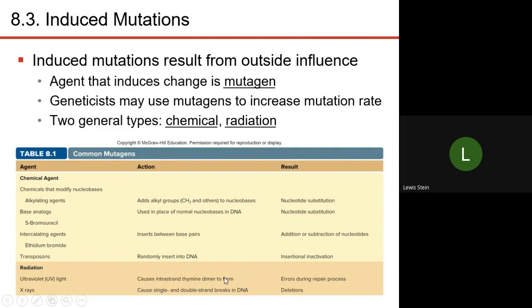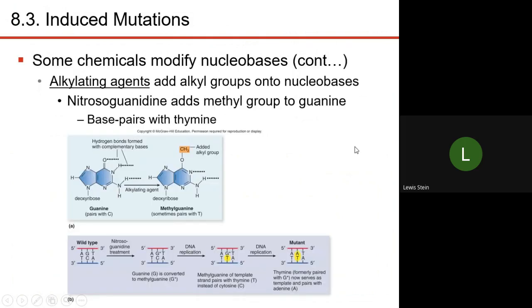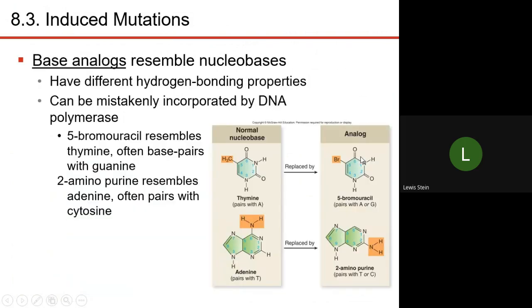Ultraviolet light causes thymine dimers, which is non-ionizing, versus ionizing radiation, which causes breaks in DNA, typically through reactive oxygen species. All that good stuff. If you want to look through this PowerPoint, it's on there. To me, these are the analog agents.